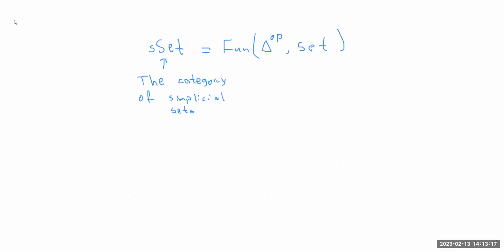Okay, let's take some examples. The obvious example that we already mentioned is any ordered simplicial complex, right? We can see this as a simplicial set.